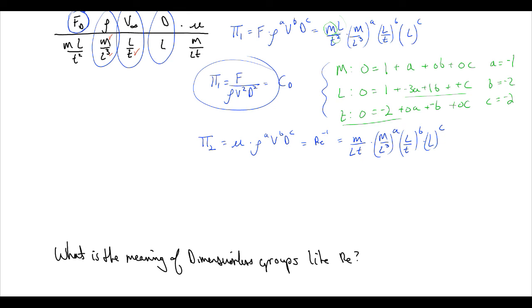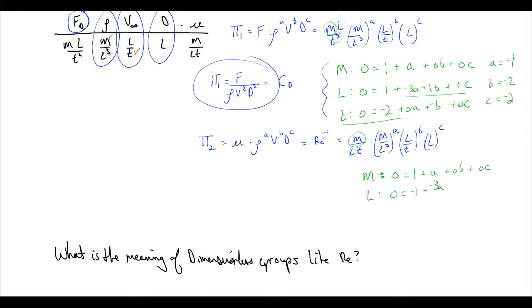If we do mass, we find out that 0 is equal to, we have mass on top, so it's 1 plus 1 to the A plus 0 to the B plus 0C. Length, 0 is equal to, we have L on bottom here, so we have a negative 1 plus negative 3A, plus 1 L to the 1B, so that's plus B, plus L to the C, which is 1C.